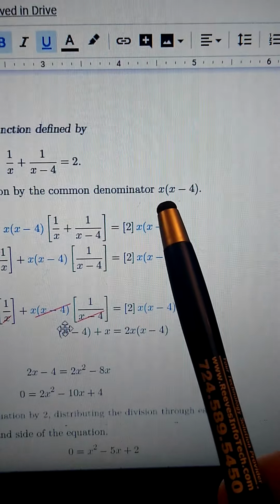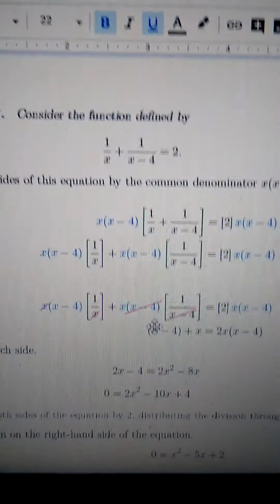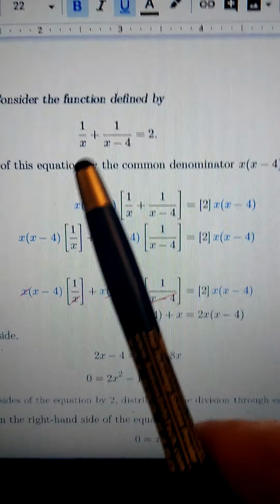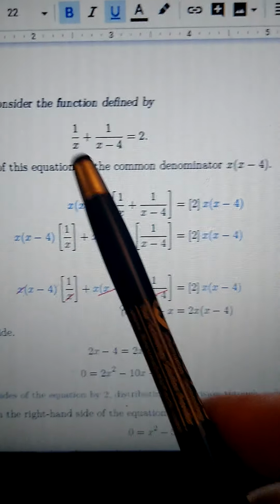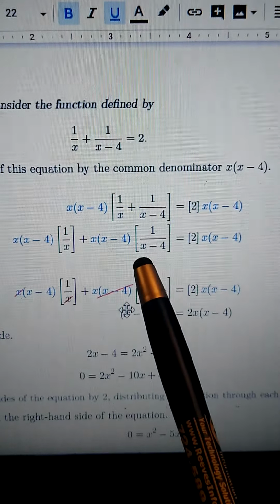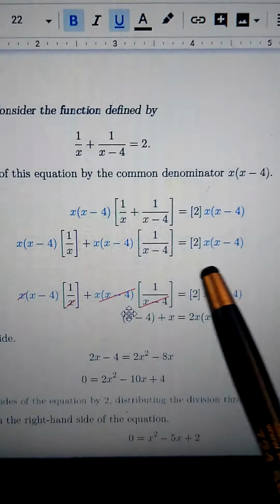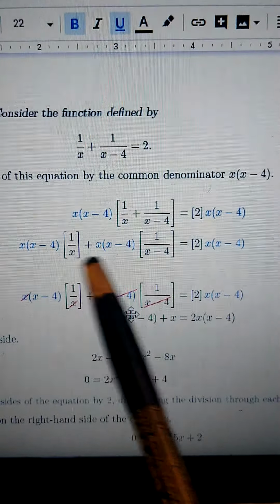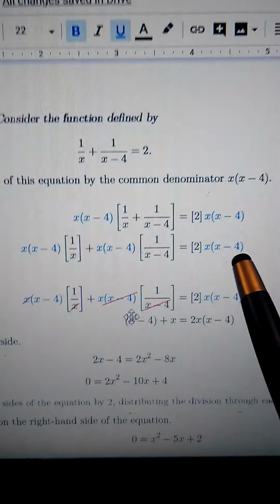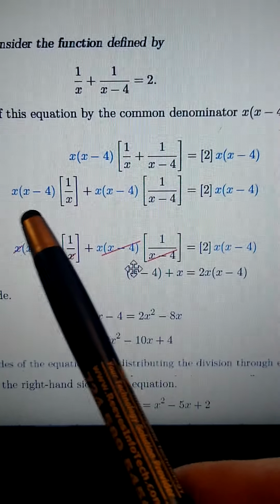So my common denominator is going to consist of both x and x minus 4 since they're very different. So I'm going to multiply everything by the common denominator of x and x minus 4. We're going to multiply all three terms: 1 over x by x and x minus 4, 1 over x minus 4 by x and x minus 4, and the 2 by x and x minus 4. I think it's pretty easy to see what cancels.